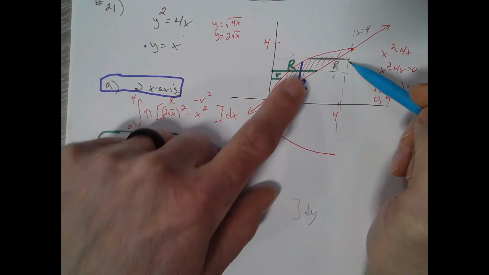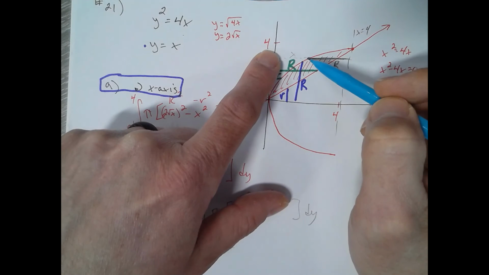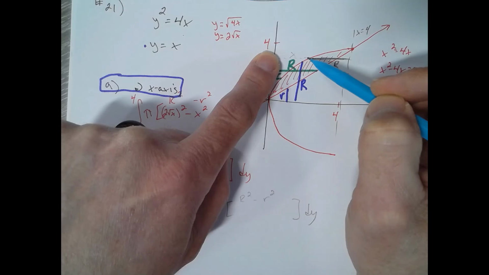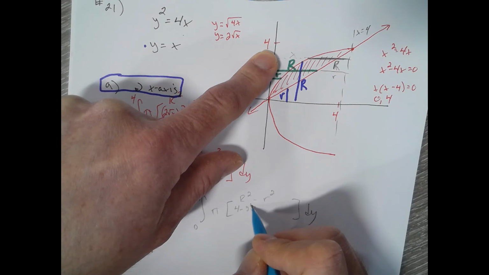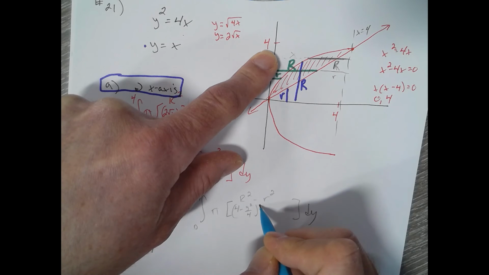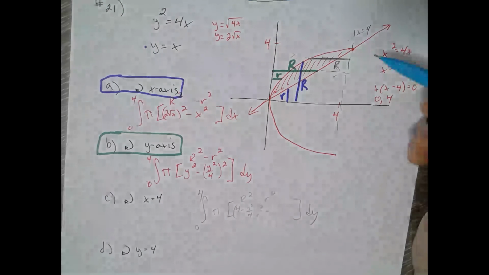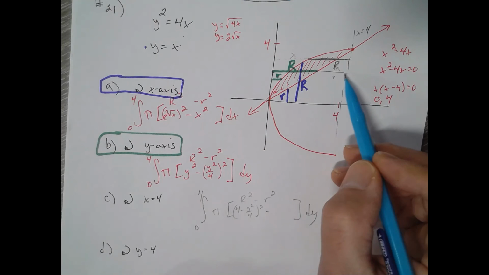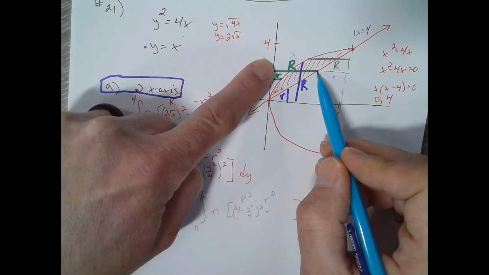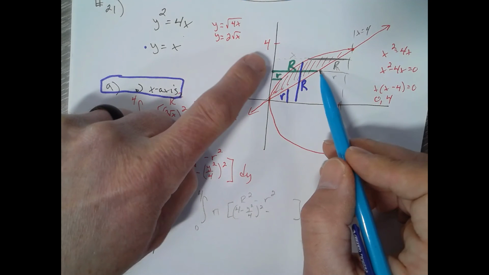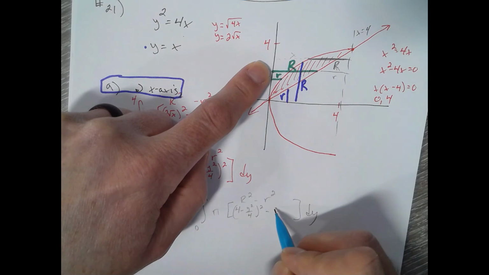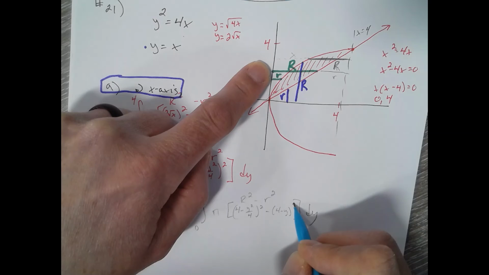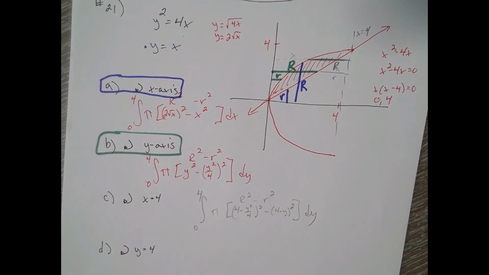So this distance would be 4 minus y squared over 4. Alright, my little r is this whole part minus this part. So this whole part minus this x, which is actually y, so it'll be 4 minus y. And that'll be that integral, if you can see that.